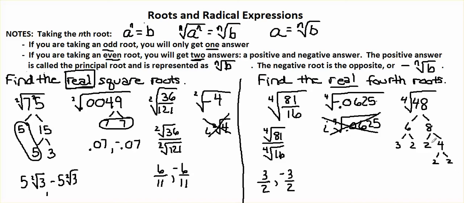So we have a nice group of four 2's here. We're going to pull one of those 2's out, and we're going to keep our 3 under our fourth root sign. And because it is a fourth root and an even root, we have both a positive and a negative version of it. There you go.